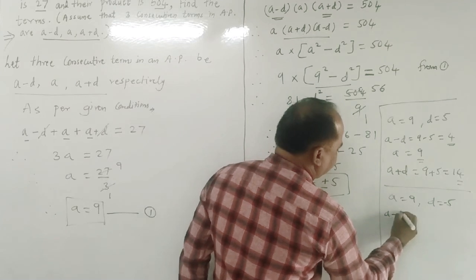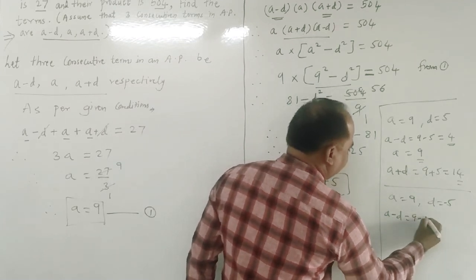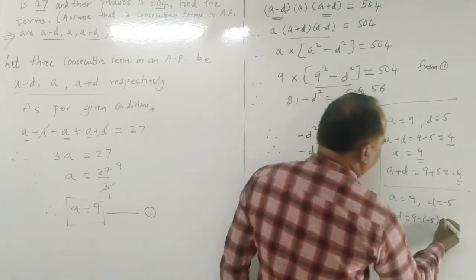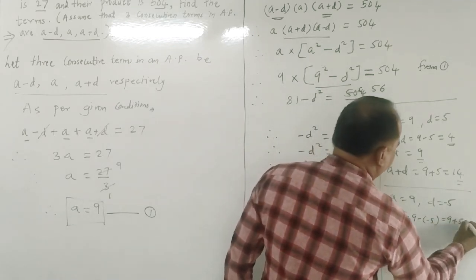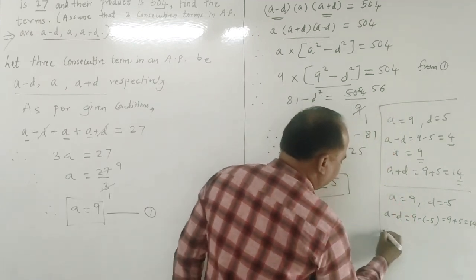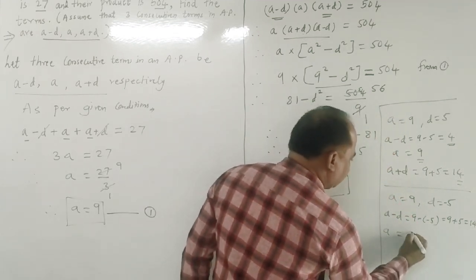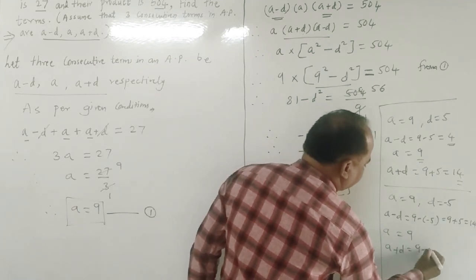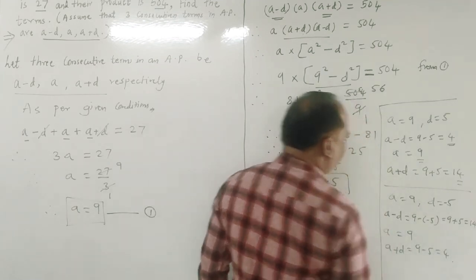And if a is equal to 9 and d is equal to minus 5, then three consecutive terms are a minus d, that is 9 plus 5, which is equal to 14. Then a is equal to 9 and a plus d, that is 9 minus 5, which is equal to 4.